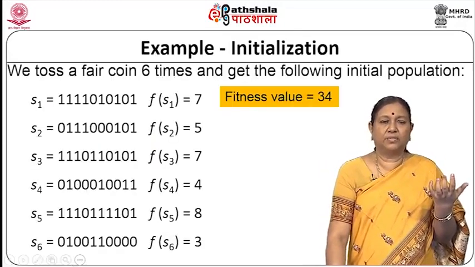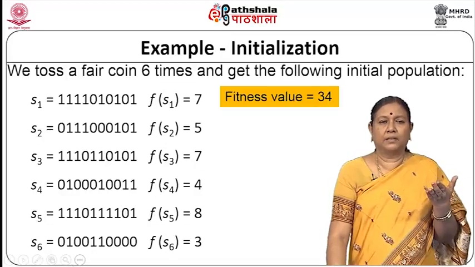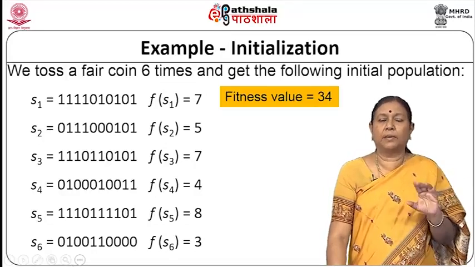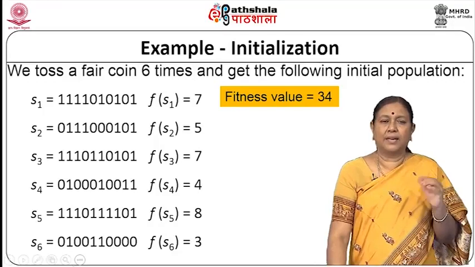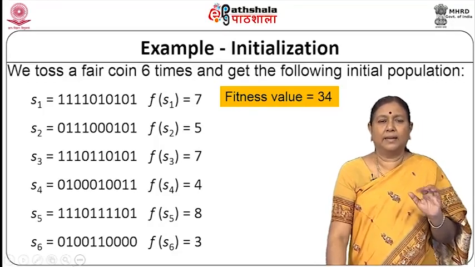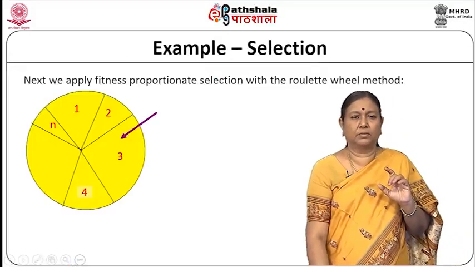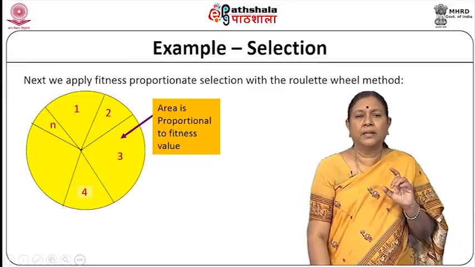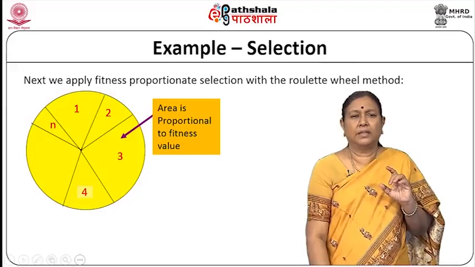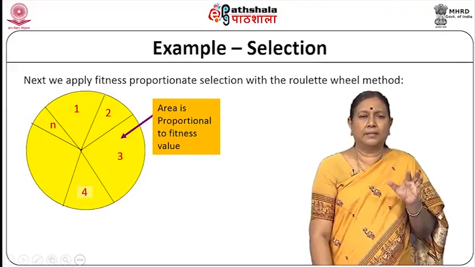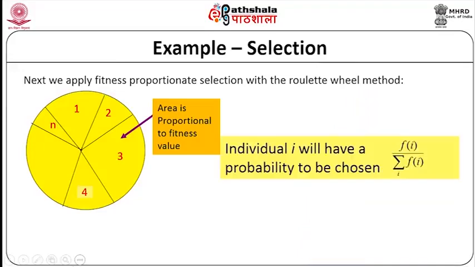If you see the previous one, S5 will have the maximum proportion of the roulette wheel, the next will be S1 and S3, and S6 will have the least proportion. So, that is what we are trying to say here: the angle is proportional to the fitness value.